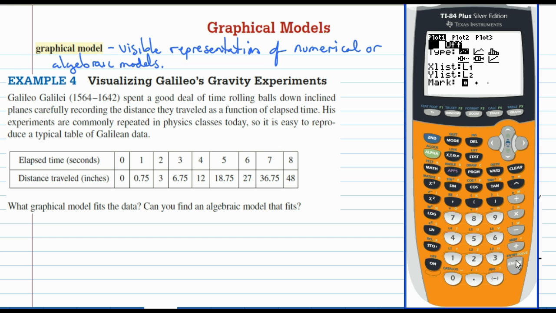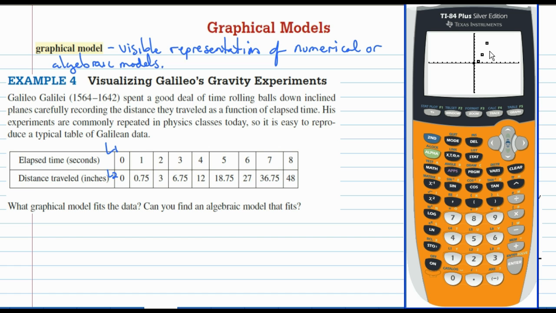So I have to hit enter on On. I like this little dotted type up here. The boxes and the histograms, those aren't really going to help you. The dotted one's the best one for me. And then we are using list L1 and L2. I put my elapsed time into L1 and my distance traveled into L2. So now I'm going to hit graph.